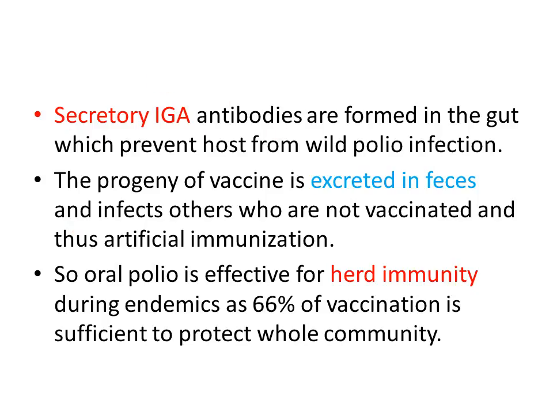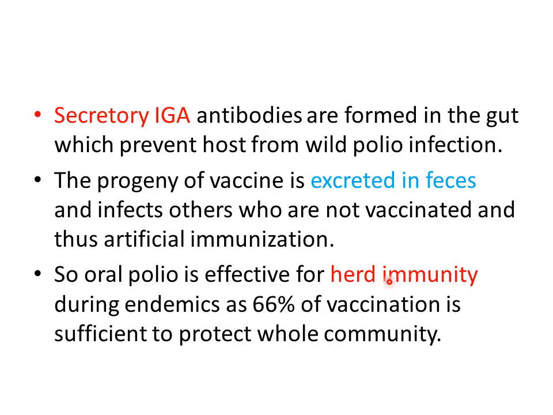Another advantage is that the progeny of the vaccine is excreted in the feces, and this progeny will infect others who are not vaccinated, thus creating artificial immunization in those people. This is called herd immunity.